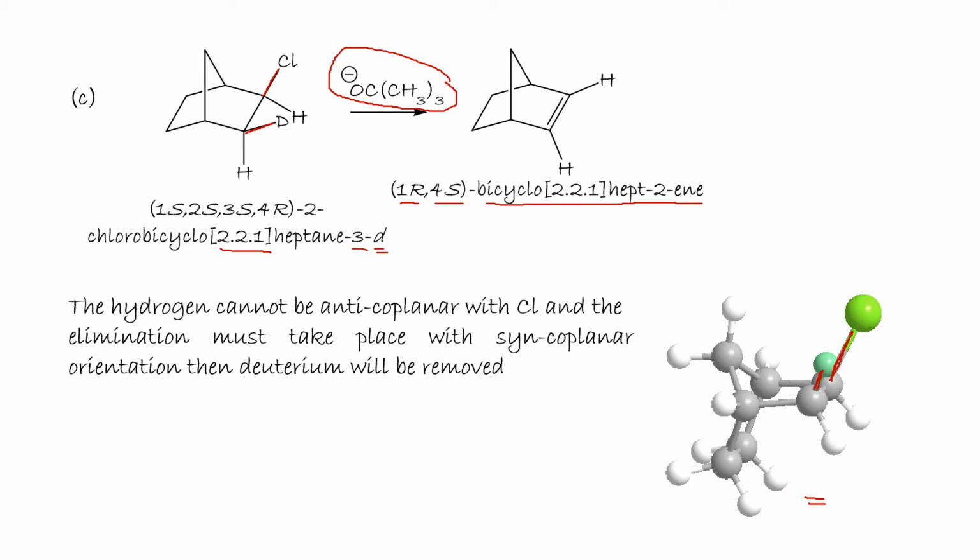The carbon-Cl and carbon-H are not coplanar, so the elimination will take place by elimination of deuterium chloride and the formation of bicyclo[2.2.1]hept-2-ene. The hydrogen cannot be anti-coplanar with Cl, and the elimination must take place with syn-coplanar orientation. Then deuterium will be removed.